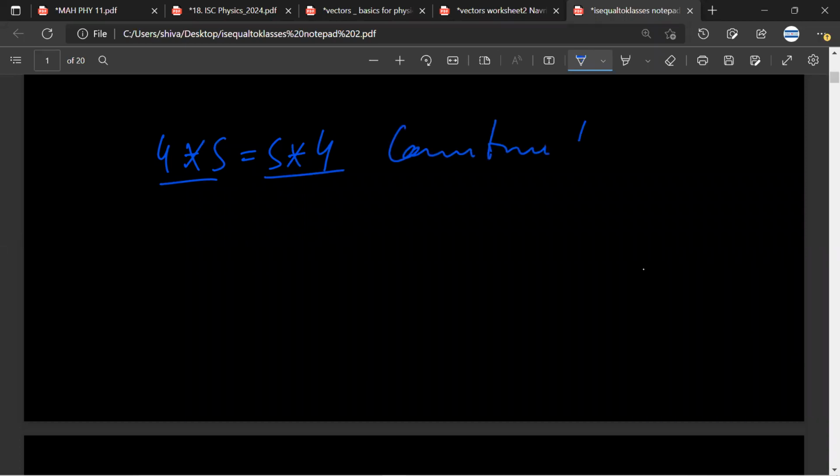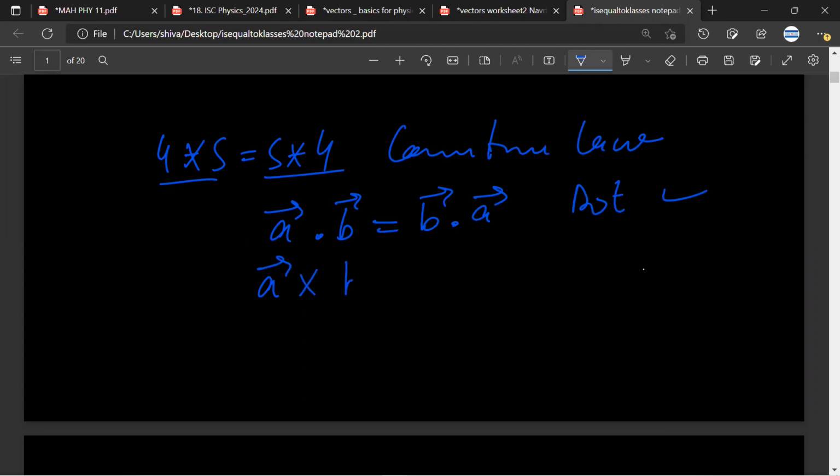Have you understood? Yeah. So what they are saying is A dot B would be equal to B dot A. For dot product, it is fine. But if you are trying to take a vector product, this won't be equal to B cross A. Am I clear, Avantika? Yeah.